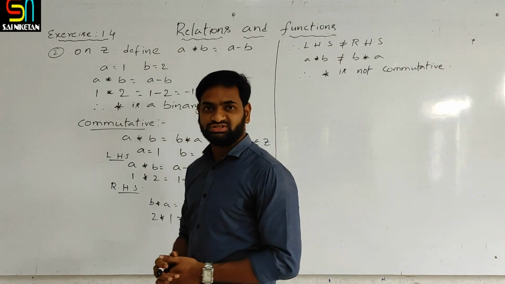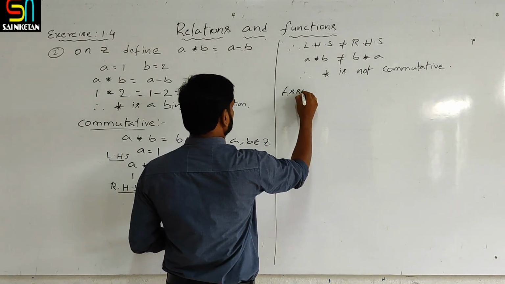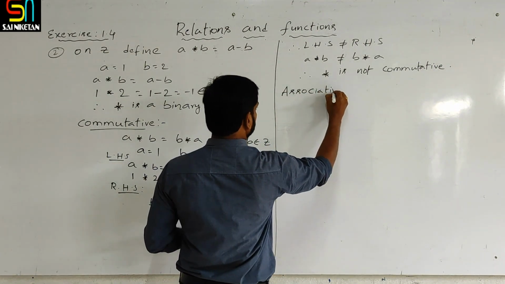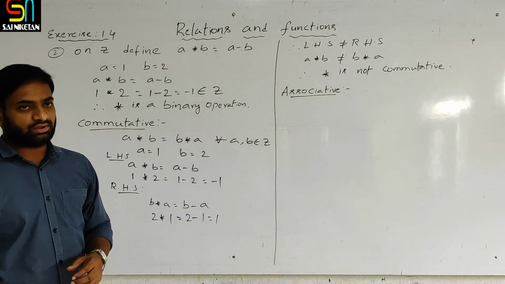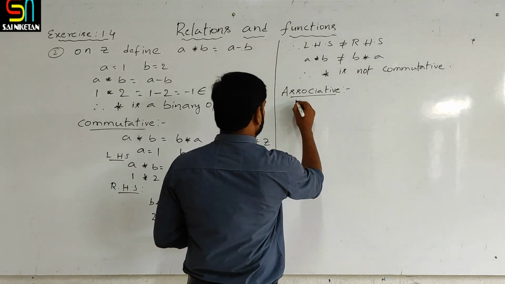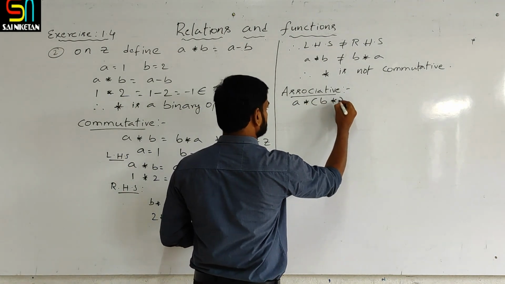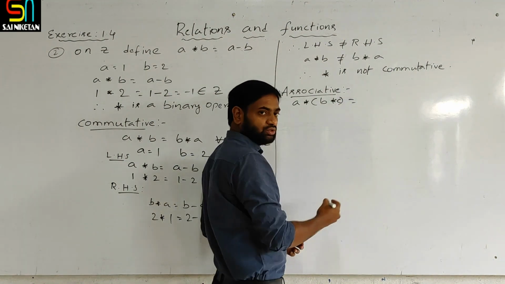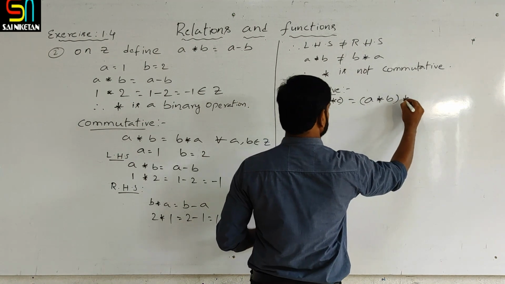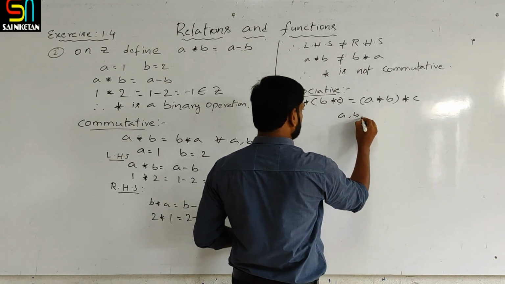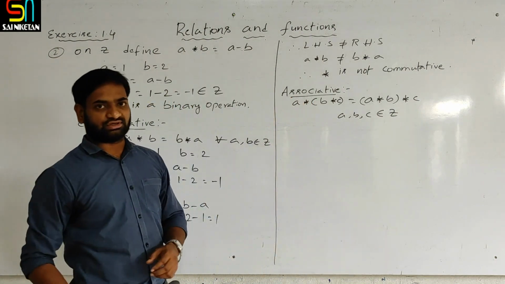Then what about the associative? What are the associative conditions? A star of (B star C) should be equal to (A star B) star C. Here A, B, C should belong to the integers, the given set.